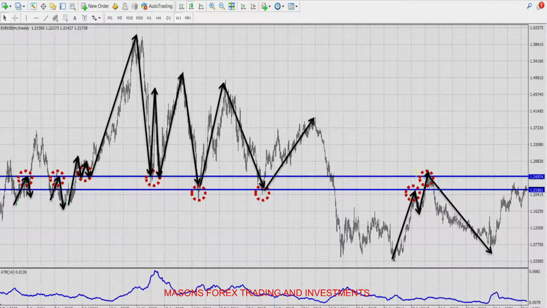If you look at this level here and you go back in time to this level, you'll notice that this area here was support, and in the future it became resistance.